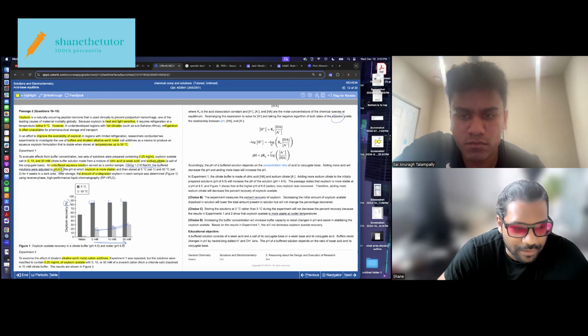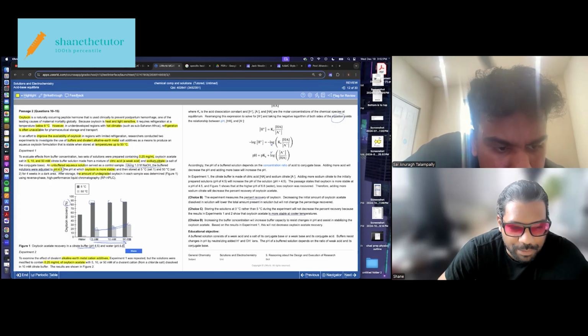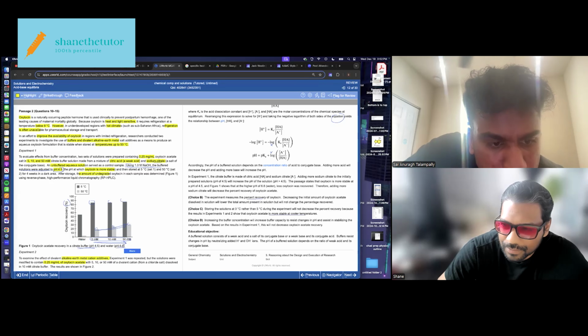But the figure shows that if you have the buffer, the pH is 4.5, but if you don't have the buffer, you'll have a pH of 6.8, right?